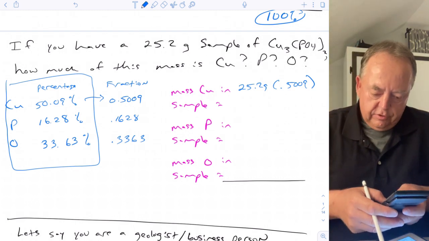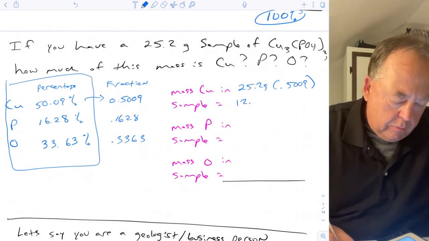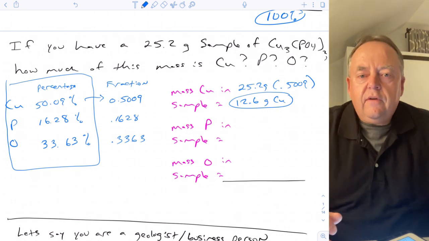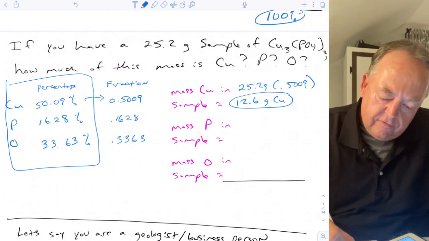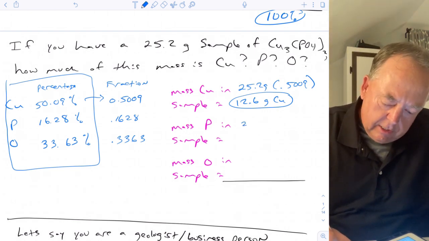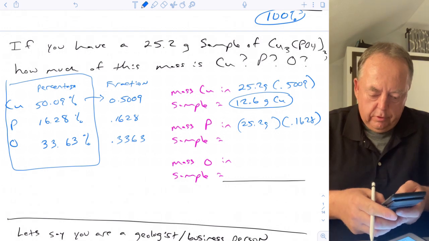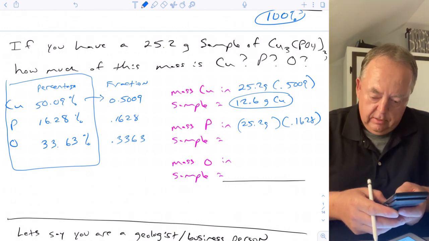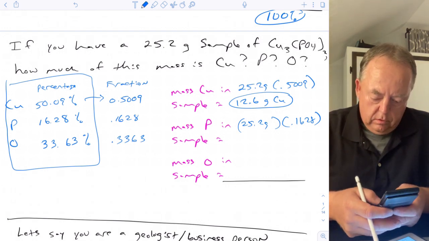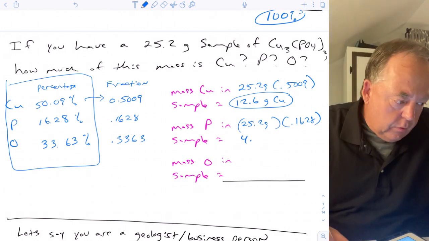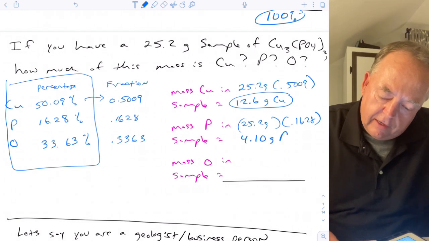So 0.5009 times 25.2. So there's 12.6 grams of copper in that 25.2 grams. Do the same for phosphorus and oxygen. Take how much you have times the fraction. 25.2 times the fraction, so 4.10 grams of phosphorus.